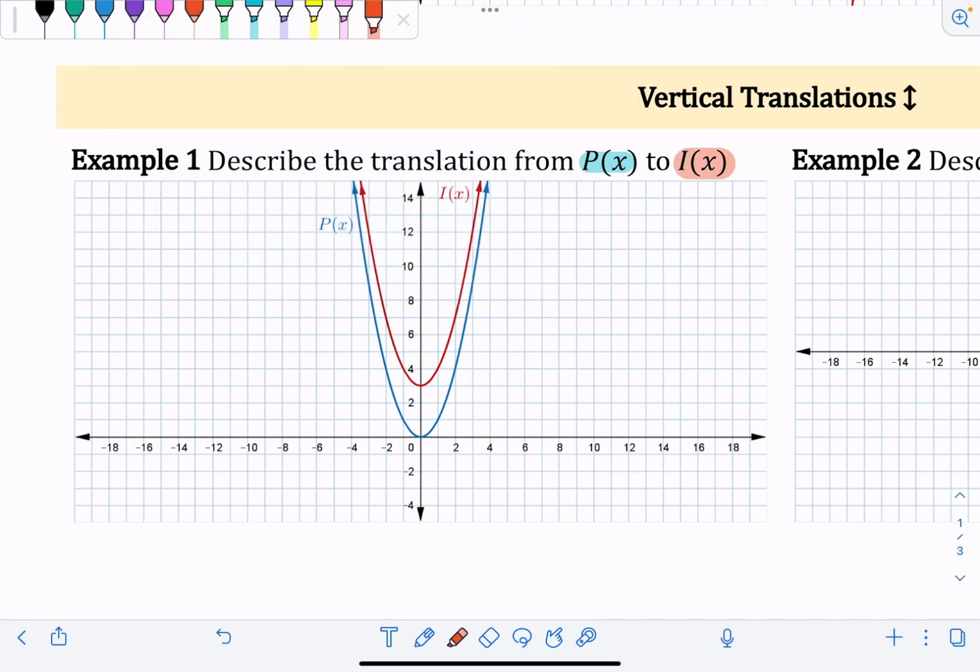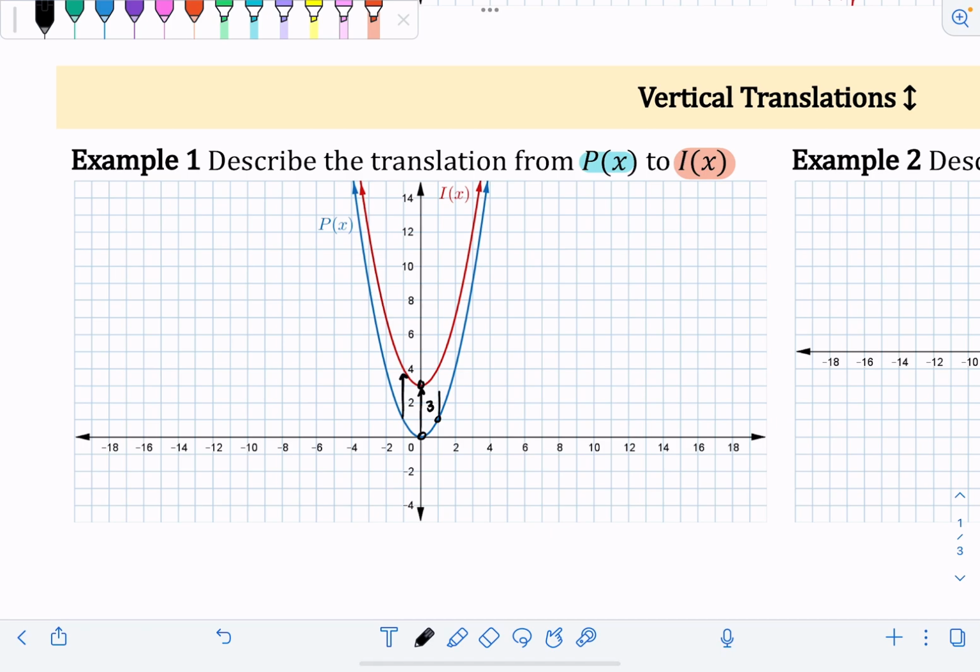Since these are parabolas, quadratics, we should just focus in on the vertex to start, which on p of x is at 0, 0. It's right there. So if I count how far it takes me to go from the vertex of p of x to the vertex of I of x, that's 1, 2, 3 units up. And then just check to make sure that a few other points are also doing 3. It's a nice way to check your work. So if I count, this is going up 1, 2, 3 units right there.